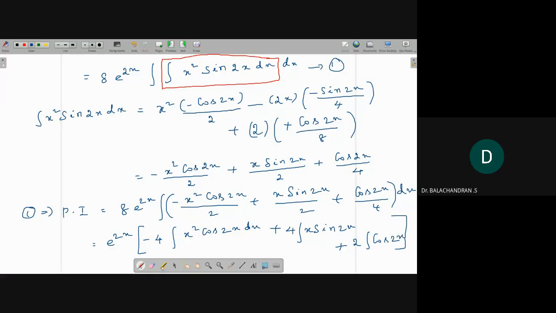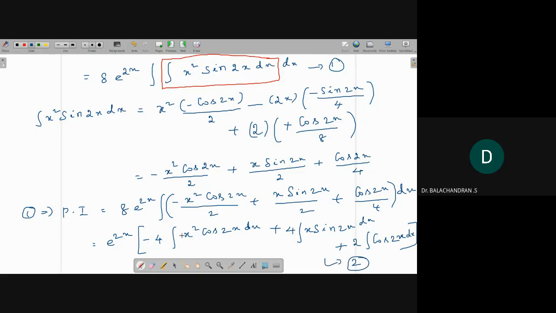I think here you can write dx. Here also I'll write dx. E power 2x is common to all the three integrals. Now I call this equation number 2.